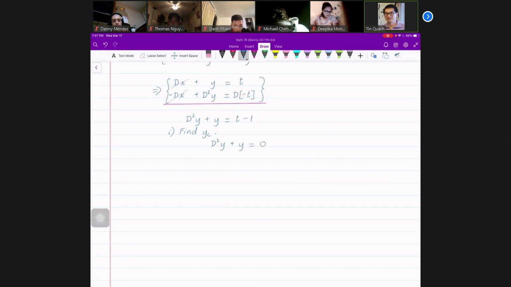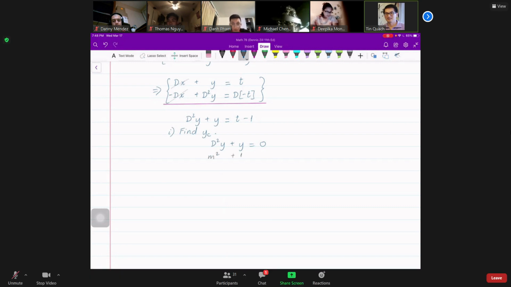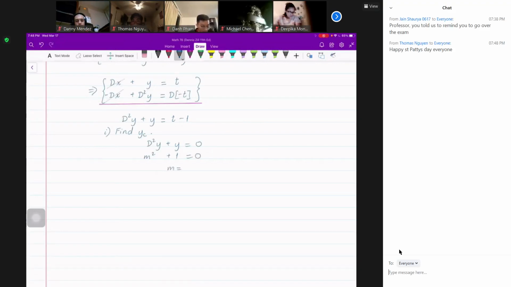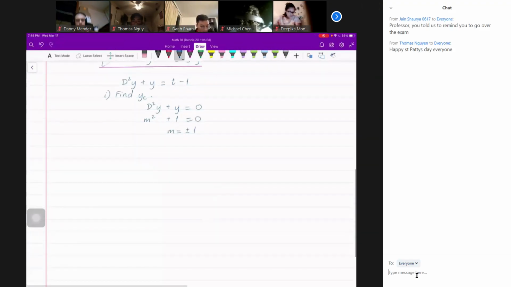If you guys are behind, you're going to get lost here, because if you don't know how to find y sub c, you're going to get lost. So this is m squared plus 1 equals 0. So m is equal to positive and negative 1i.